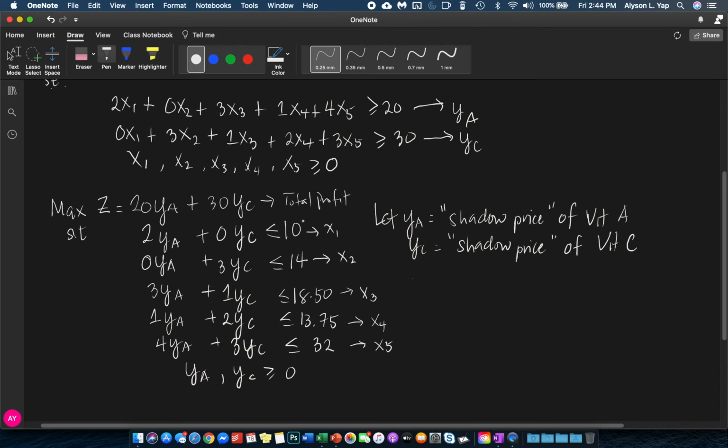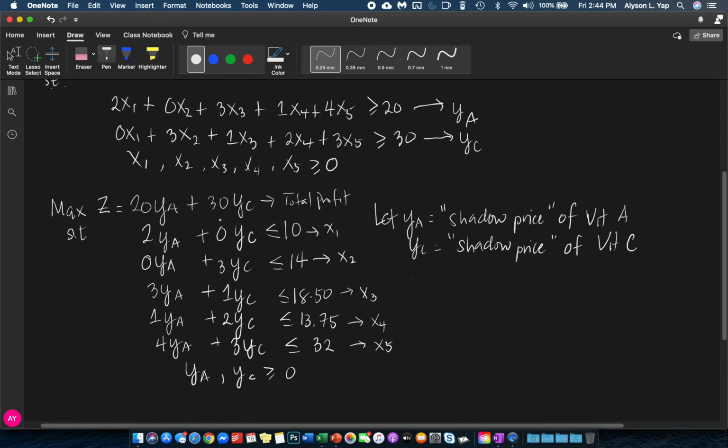Okay? Now, because I want to maximize my total profit and the number of units of vitamin A and vitamin C are already set, in order to maximize my total profit, I need my variables YA and YC to be very, very big. Of course, I'm a greedy pharmaceutical company. I'd like to maximize my profit, so I'd like to set my prices to be very, very high.